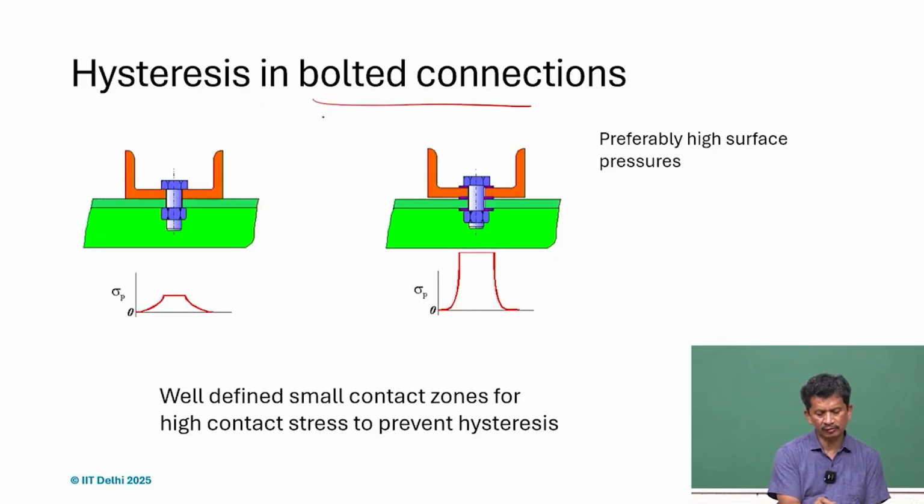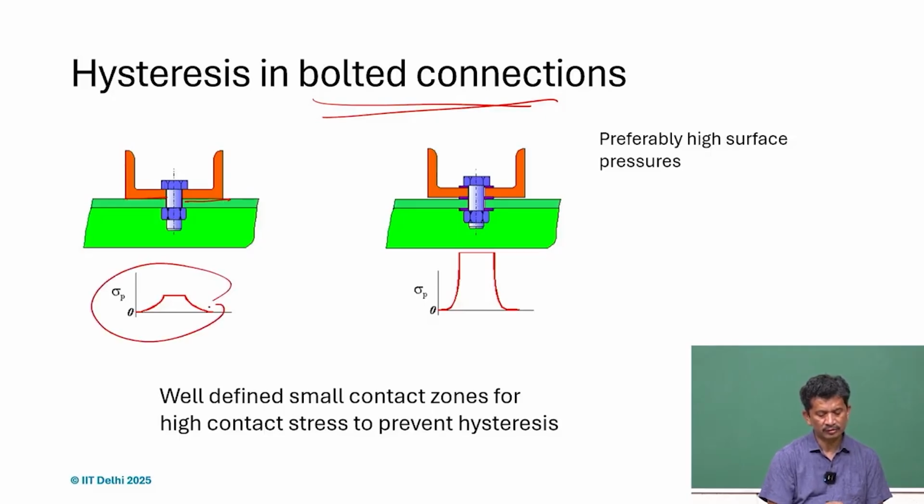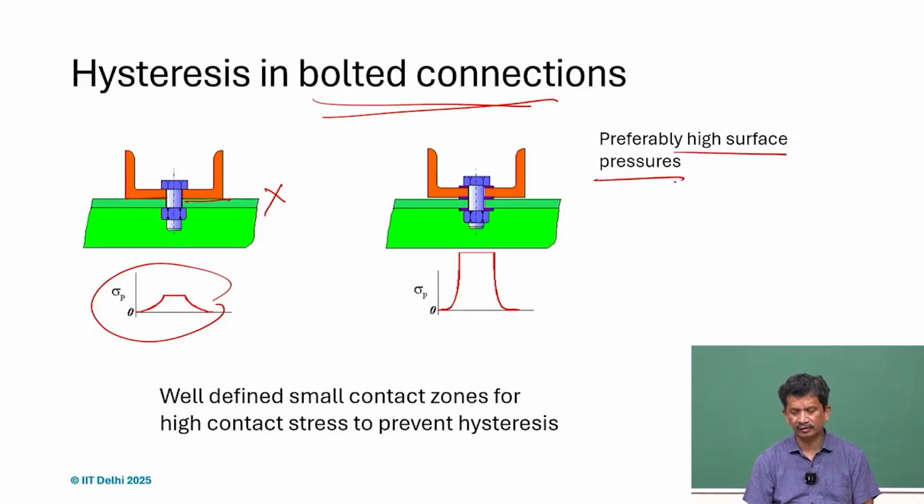Similarly, in structures we also use a lot of bolted connections, also for positioning, and it's the same thing here: a larger area and stress distribution. Again here, micro slips are bound to happen, and the positioning accuracy will be difficult. So what is preferred is high surface pressure, and here you are talking about the washers, and then clamp it so that it's predefined.